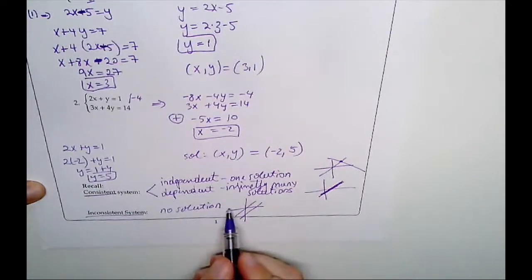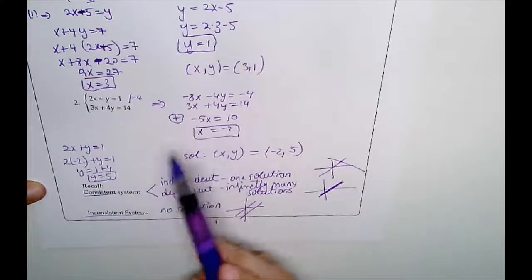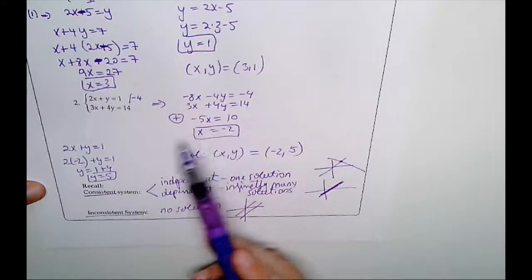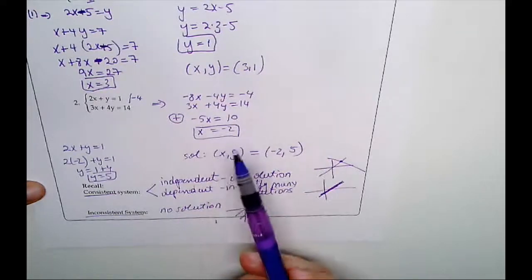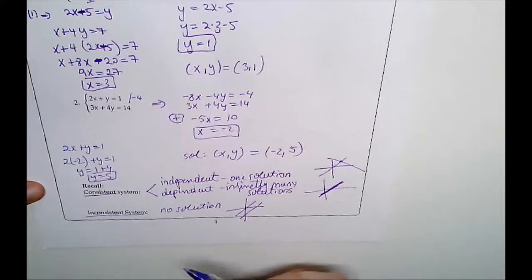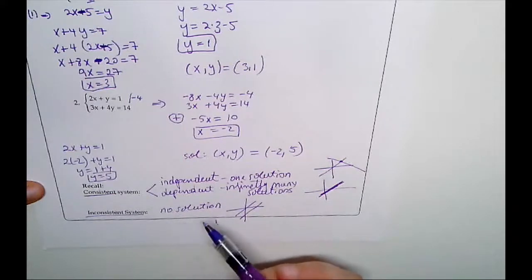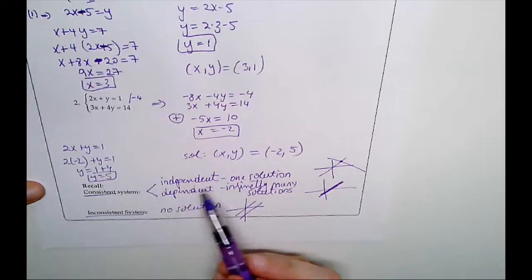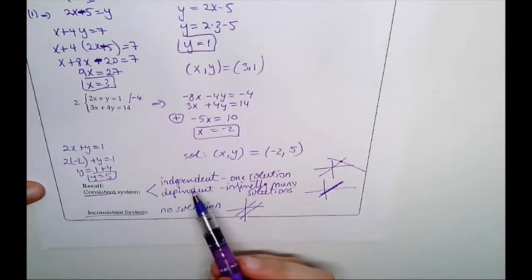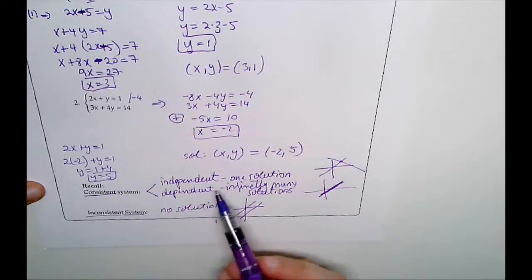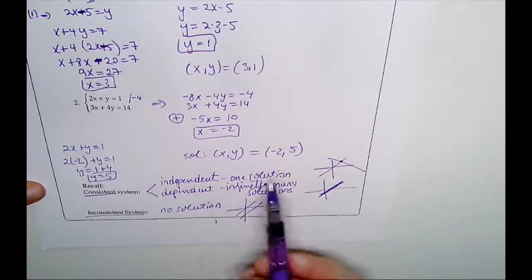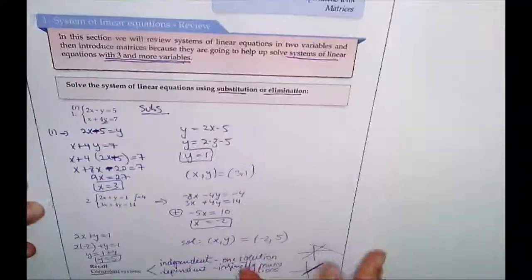So for no solution, when you solve the system, for example by elimination, you reach a false statement, like 0 equals 1 or something like that. Then you can say that there's no solution. And if you solved it and got a true statement like 1 equals 1, then there were infinitely many solutions. So this is just review from college algebra.